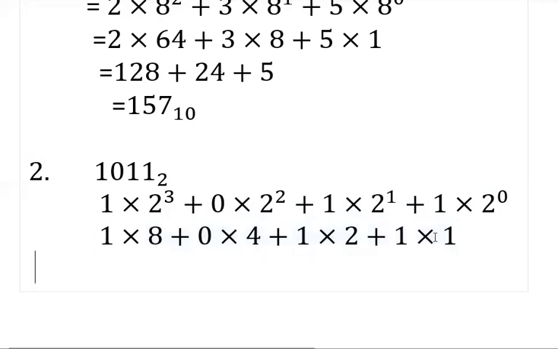So with this, we can now say, let's put our equality sign as usual.